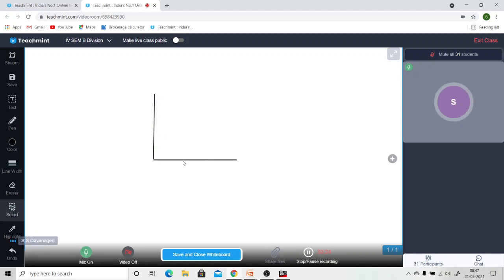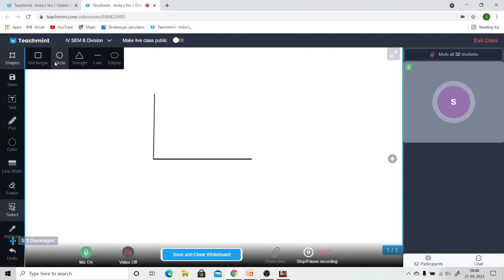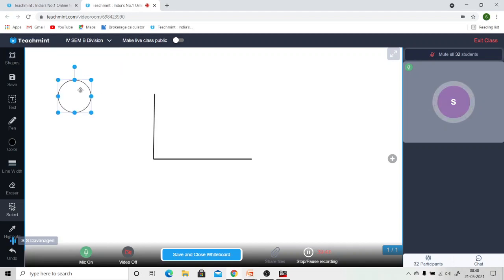Now this is another line. Now you need to draw one circle here, from this center point.